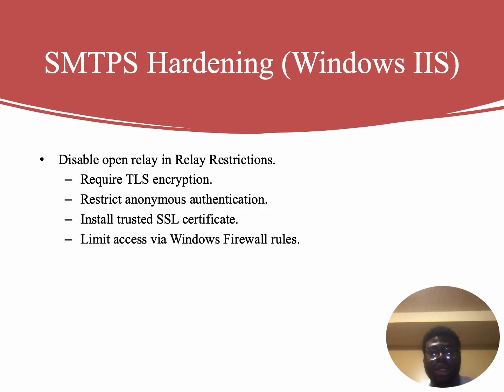So these are my SMTPS hardening: disabling open relay in relay restrictions, requiring TLS encryption in SMTPS, and for more protection, restricting anonymous authentication and blocking unauthorized access. You have to install the trusted SSL certificate, and you have to limit access via Windows firewall rules.